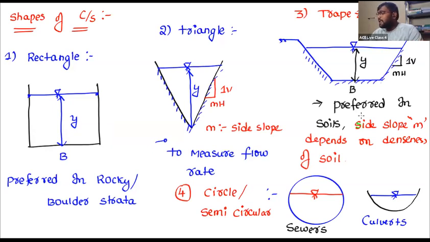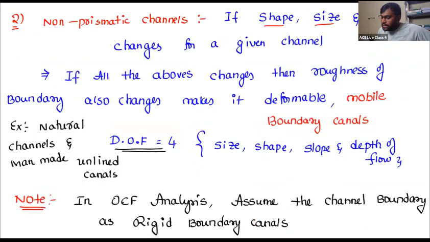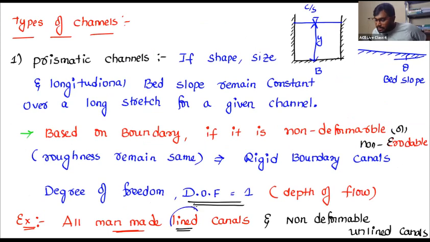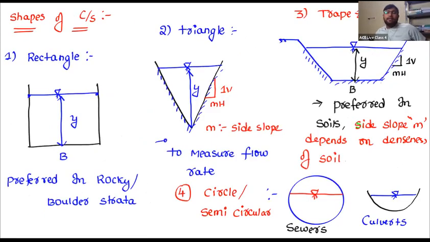See here, the cost depends upon the lining. Whatever dashed line I am representing, that dashed line means lining. I told you clearly in open channel flow, what type of sections are we going to take? Rigid boundary canals. The meaning of rigid boundary is lined canal. Yes or no? So when I provide the lining, in the case of canals, 50% of the cost is about the lining only.